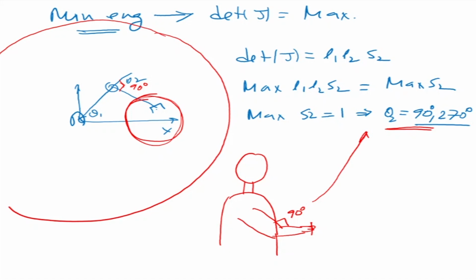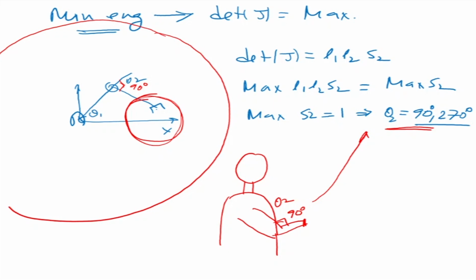Whenever you're performing a task, you always find that this angle here, this is my theta 2, is going to be 90 degrees. So whenever you perform a task, you ensure that your theta 2 angle in the arm is 90, such that your energy consumption is minimum. We have evolved that way, such that we always do our tasks by minimizing our energy requirement.